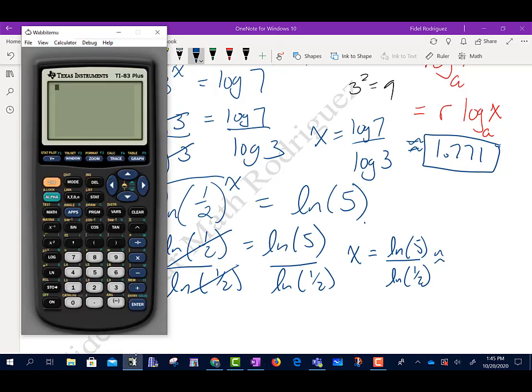Again, I'm using the ln, so I'm going to hit ln of 5 divided by ln of 1/2. Close off those parentheses. Don't forget to close off your parentheses, y'all. Hit equals, and we're coming up with a negative 2.322.